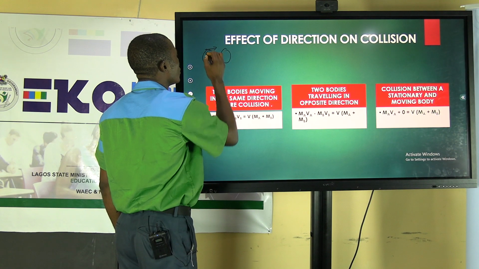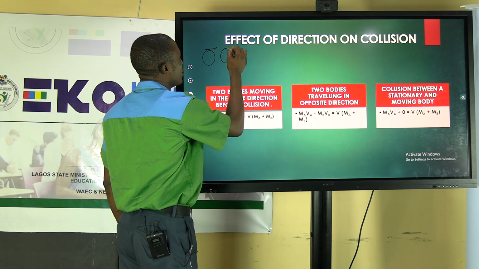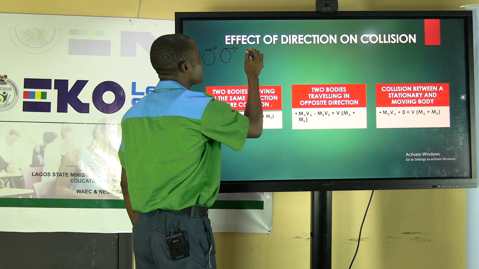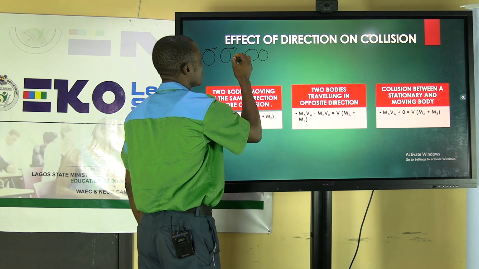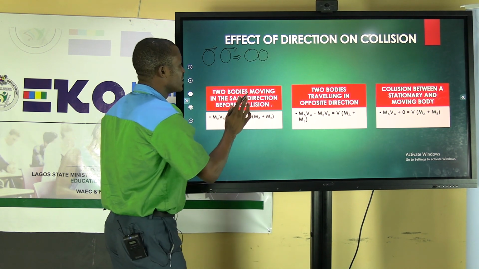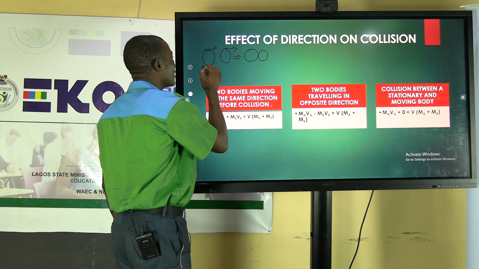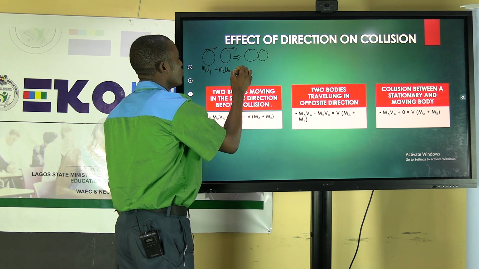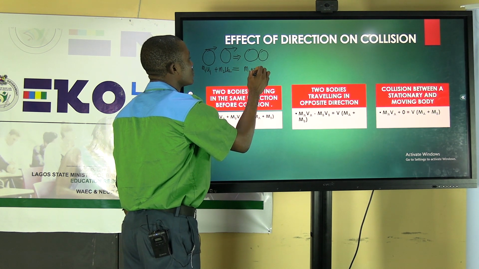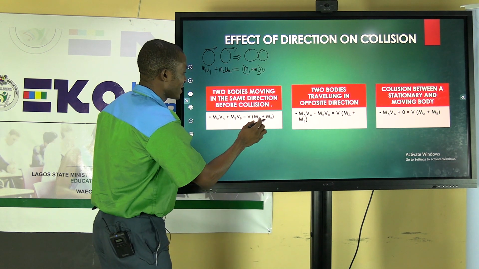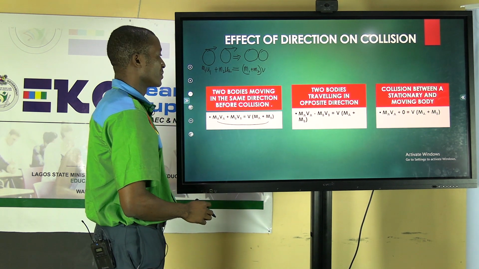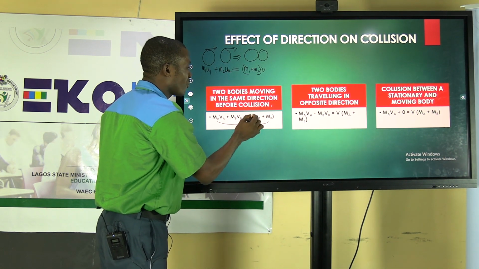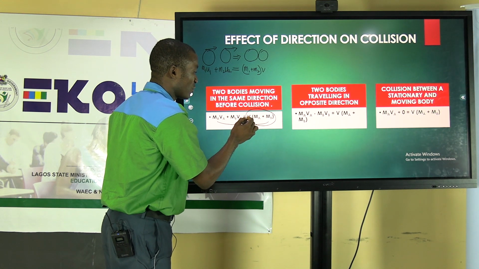If this object is moving this way and this other one is moving this way, if they collide and stick together, it means m1 u1 plus m2 u2 will produce (m1 plus m2) v. That's the case recorded here. Two bodies moving in the same direction before collision, but after collision they are sticking together. That's why you have common velocity.